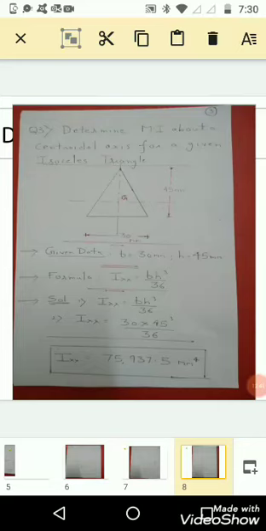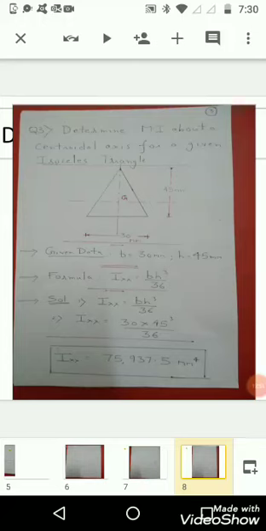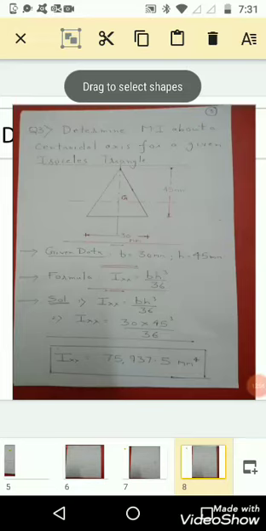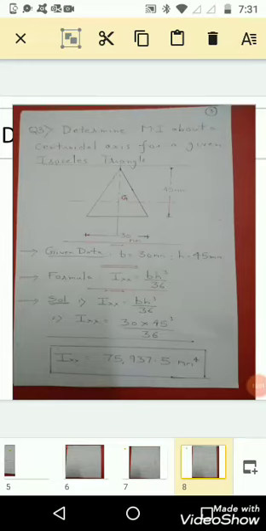The third is to determine the moment of inertia about a centroidal axis for a given isosceles triangle. We have studied geometry: an isosceles triangle is a triangle in which two sides are equal. Here the base is 30 and the two slanting sides are equal. Height is given as 45.